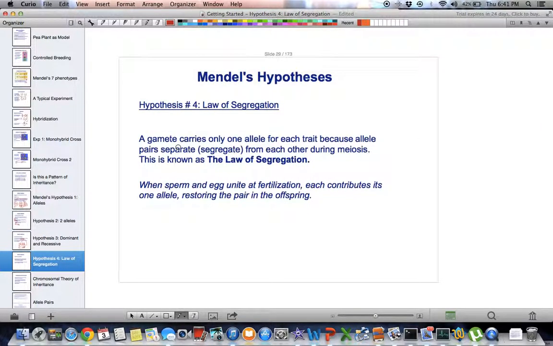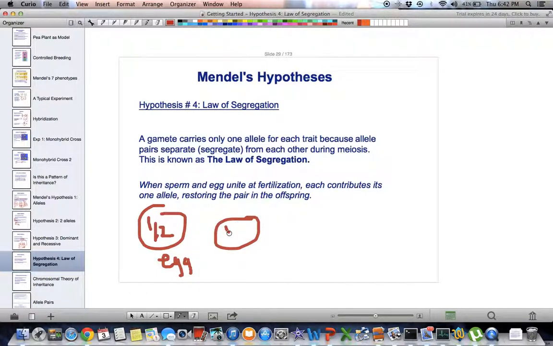His fourth hypothesis, which is not that complicated, but you've learned this in meiosis, okay? That a gamete has only one allele of that trait. So a gamete has half the amount of chromosomes, okay? So this is an egg, and here's a sperm, has the other half.